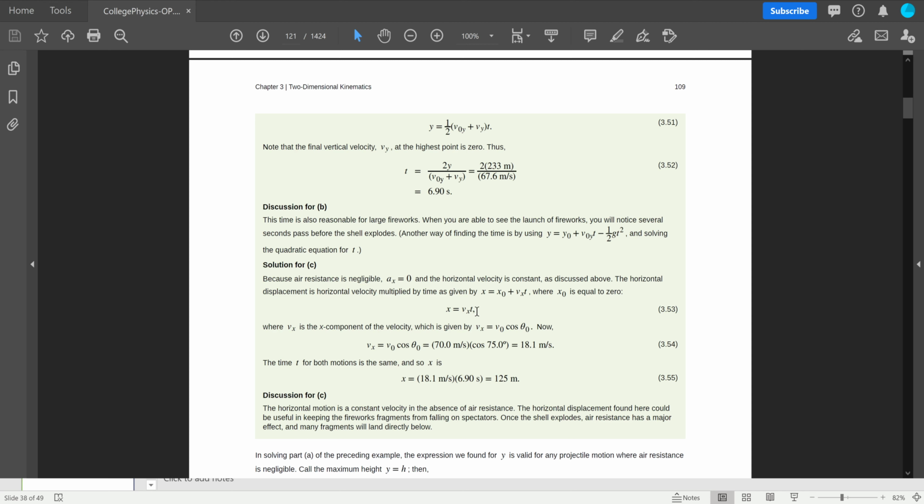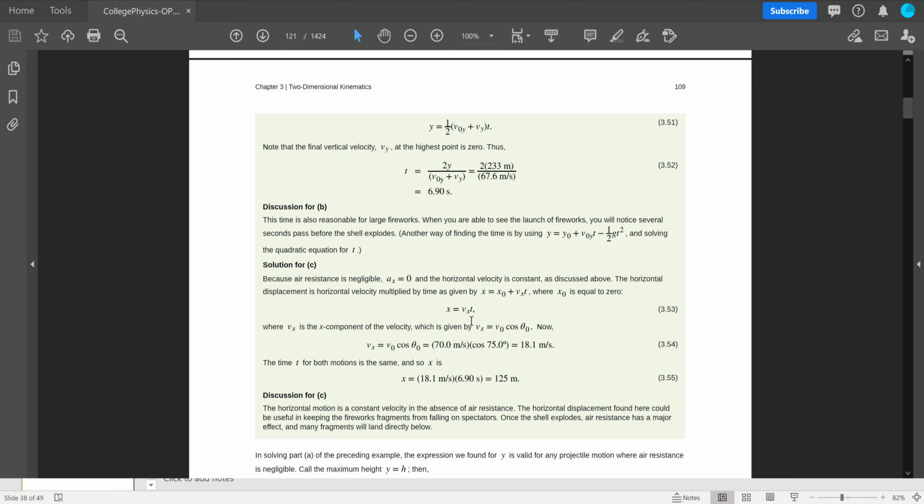So here we still have to find our velocity in the X component. So Vx equals our initial velocity, which was 70 meters per second, cosine of 75. So that gives us 18.1 meters per second. Okay, that's our Vx. So once we know that, we know our time, right? Because that's the one thing about two-dimensional kinematics: time is independent of your components.